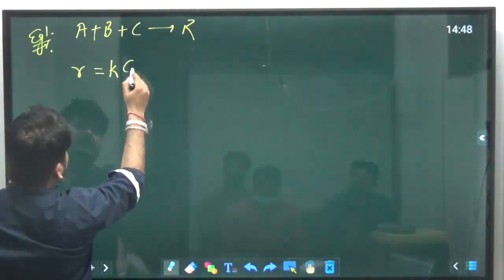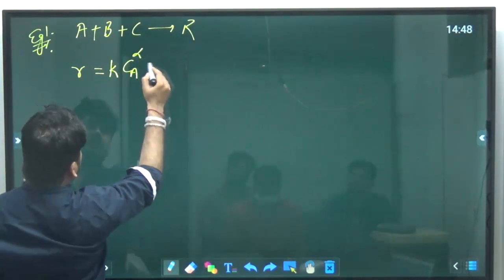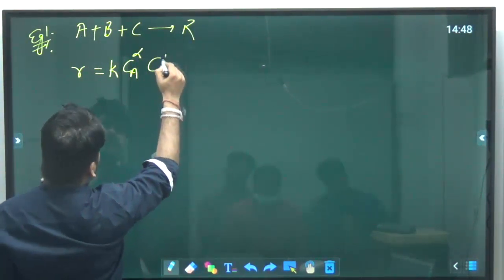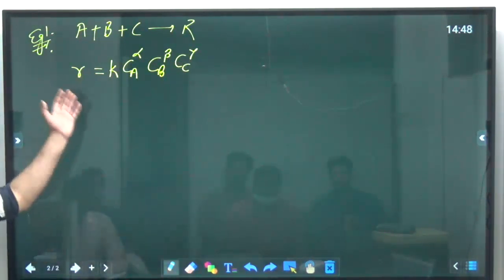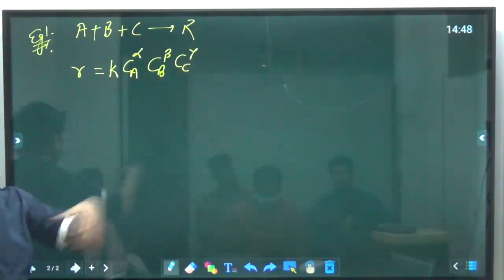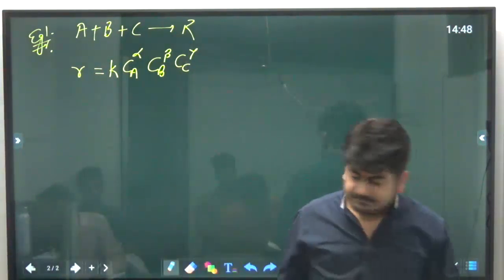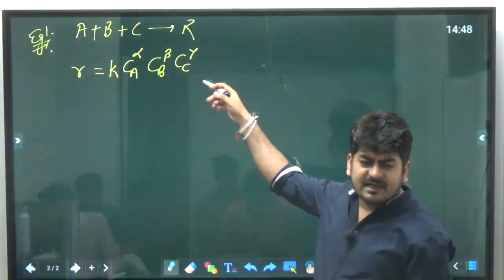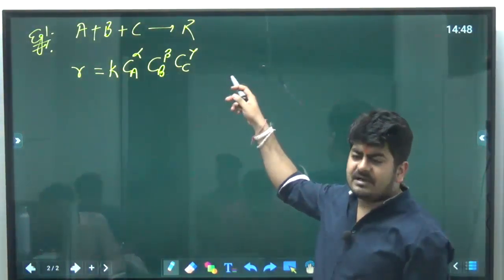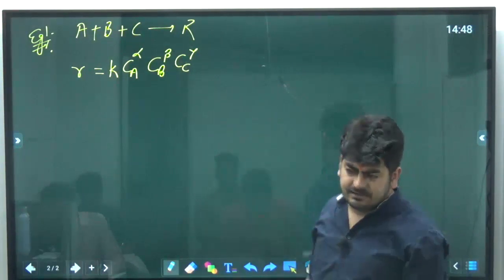So Ca power alpha, Cb power beta, Cc power gamma, or you can write alpha A, alpha B, alpha C. That is your choice how you are going to write that. Alpha is the apparent order of A, beta is the apparent order of B, and gamma is the apparent order of C.